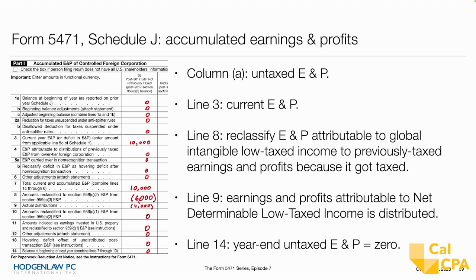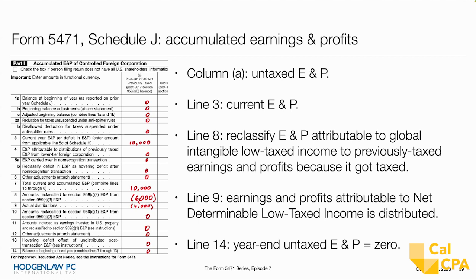And you see line 8, we have a reclassification. So that's code word for 6,000 of my E&P is previously taxed. So I'm going to put a minus number in column A, which is the untaxed earnings and profits. And I'm going to port it over to column E, where I'm going to put a plus 6,000 to show that I've got 6,000 of previously taxed earnings and profits.